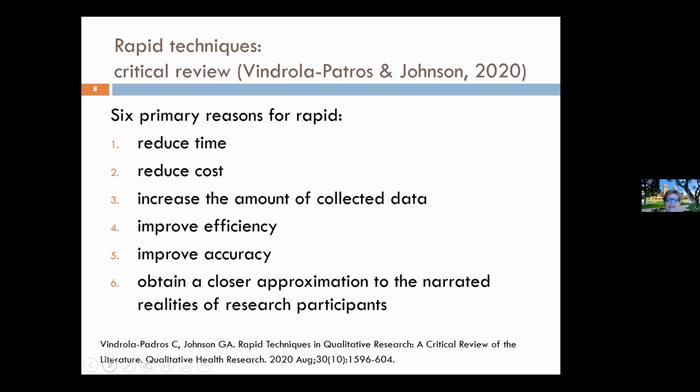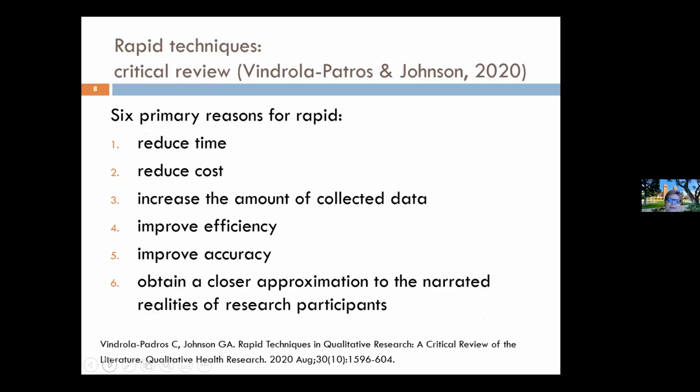There's some really interesting work being put out by Vindrola-Padros and colleagues about rapid techniques. They did a critical review of the literature about 1.5 years ago, and what they found in their critical review was that there were 6 main reasons for taking a rapid approach.